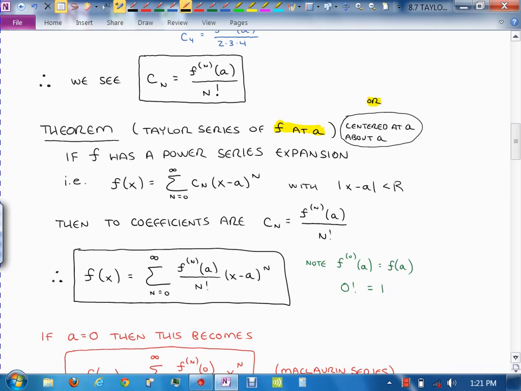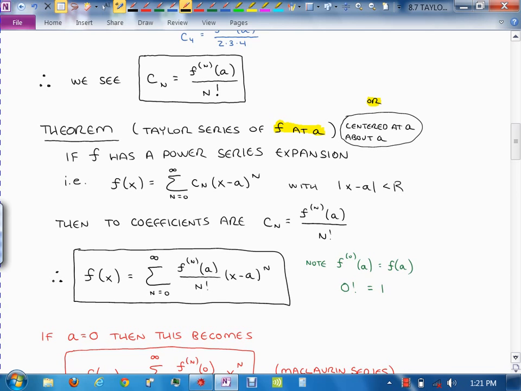Sorry that looks so terrible, this marker is bad. Okay, that is the Taylor series of a function about a, or centered at a.